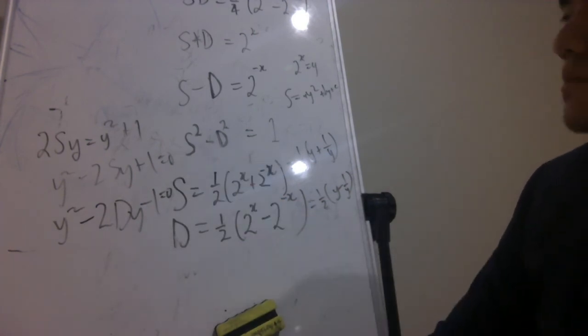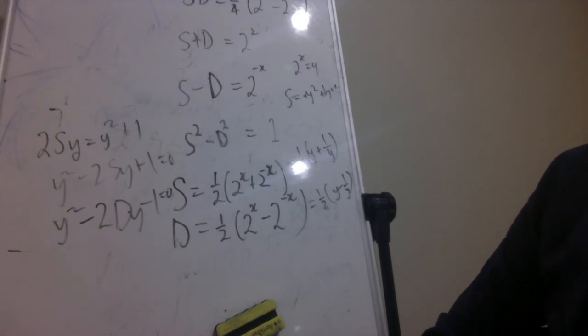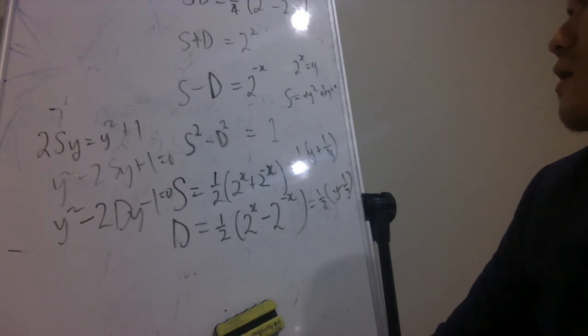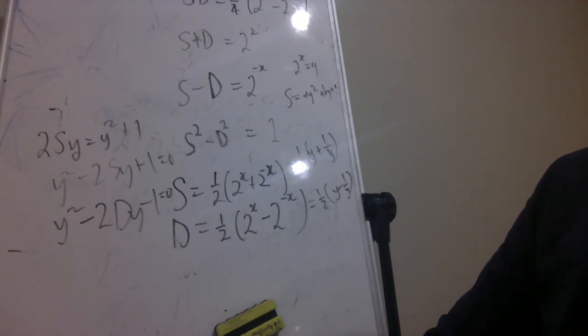Okay, and then you want to solve for x. You know how to solve for x? Do you first factorize the... Do you sub into x now? I'm very confused.